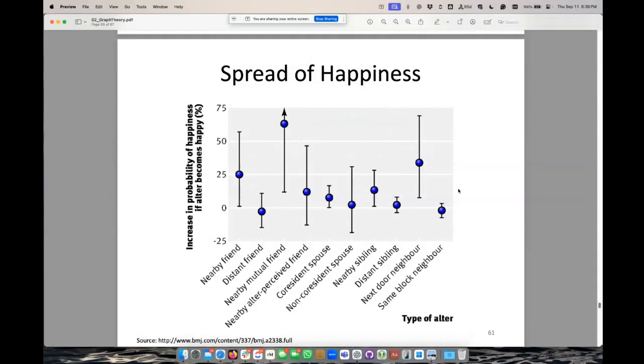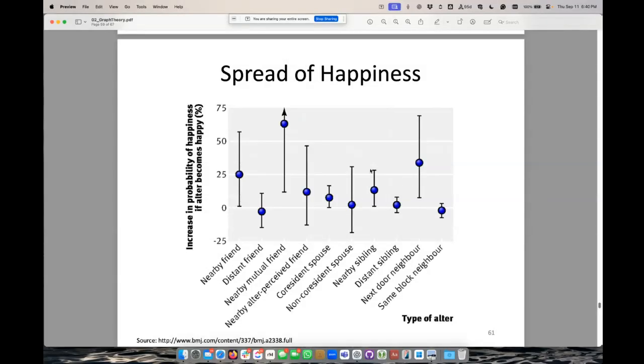If you look at this chart carefully for different relationship types, of course, there is a differential impact in happiness, meaning not all the relationship types have the same impact on your happiness. Some have higher, some have lower. The highest one reported was with nearby mutual friend. So the idea is two people having a mutual friend. If that mutual friend is happy, then the chances are you are happier.